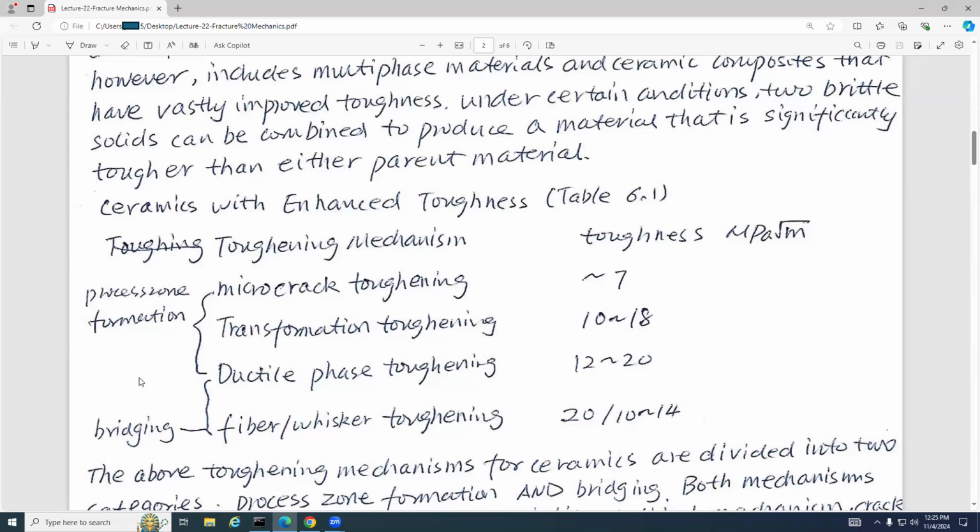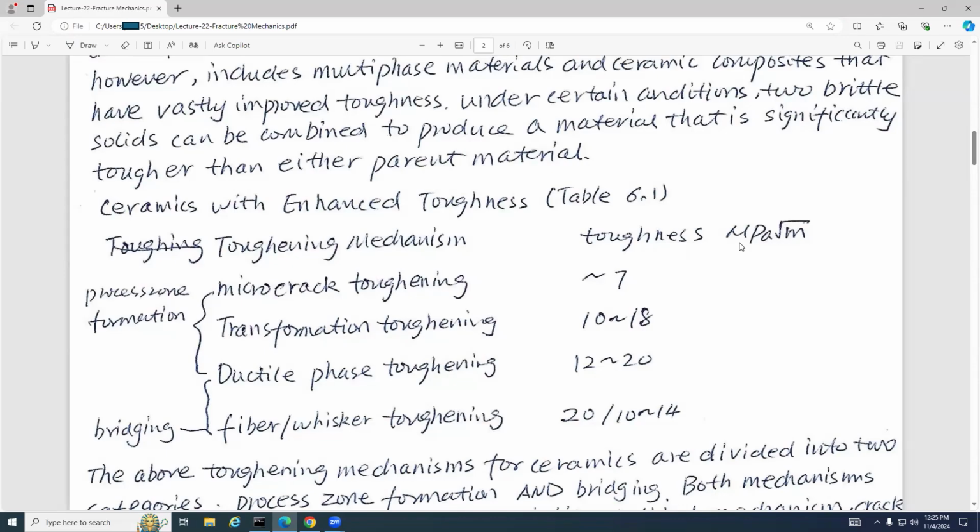The second category is more physically intuitive, and we use a fiber or whisker to bridge and toughen. So this is the ceramic toughness. You can see the toughness has a unit of megapascal square root meter. Can somebody tell me what parameter we have talked about that has this kind of unit?